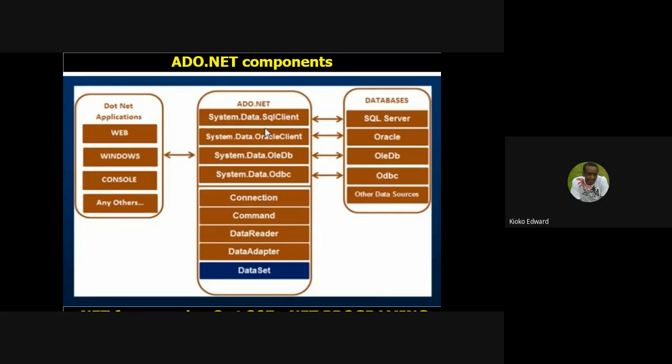And we can have some other sources. For example, .NET has some support for XML data sources. So you can define an XML data source, and you are able to connect that XML data source to your .NET application. But each of those databases will have its own corresponding driver.